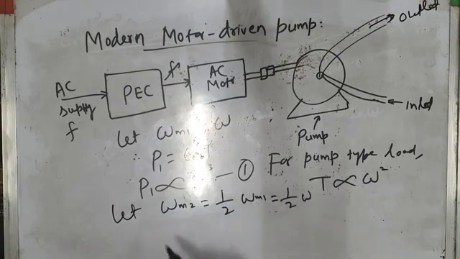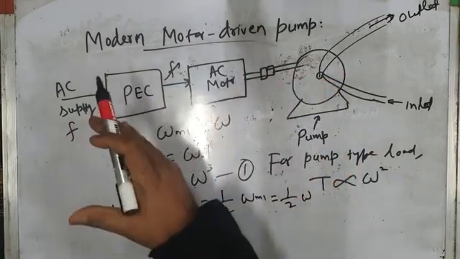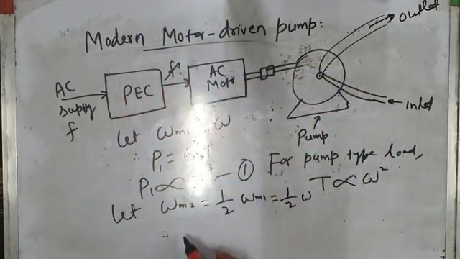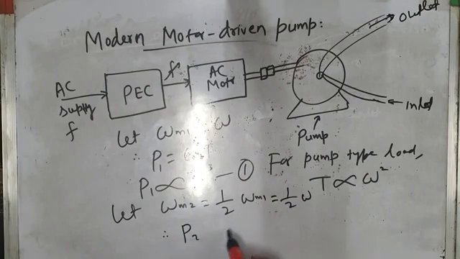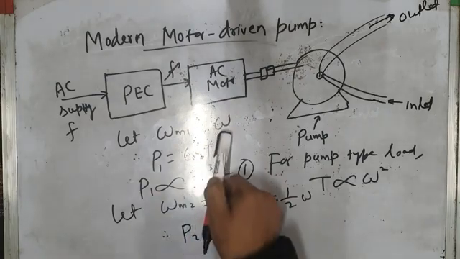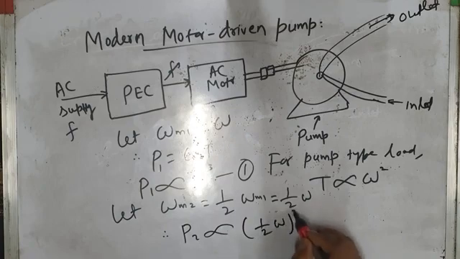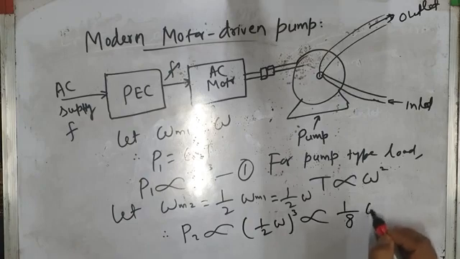So the speed of the motor is now half what it was at high flow rate. So how much power will the motor draw from the source? It is proportional to omega cube. But omega m is not equal to omega, it is half of omega. So it is half of omega cubed, so it is proportional to 1 by 2 cubed, which means 1 by 8 into omega cube.